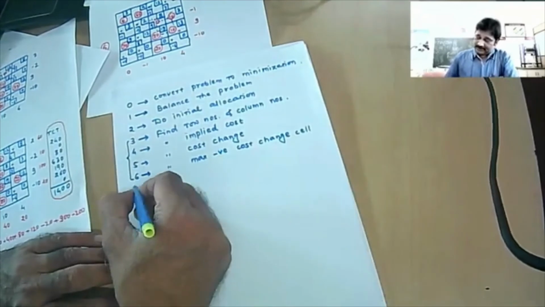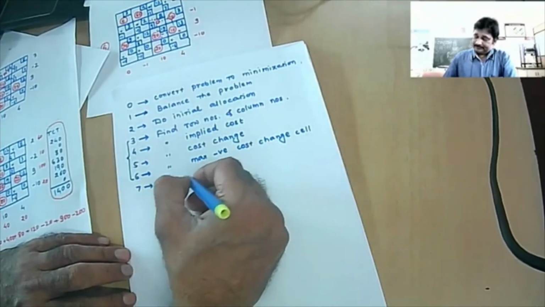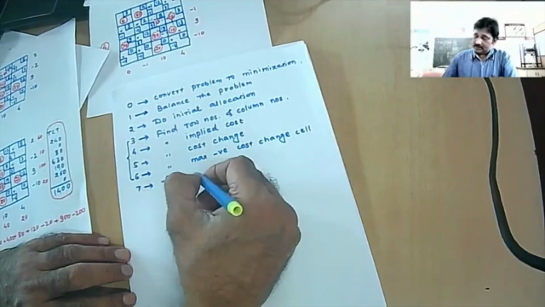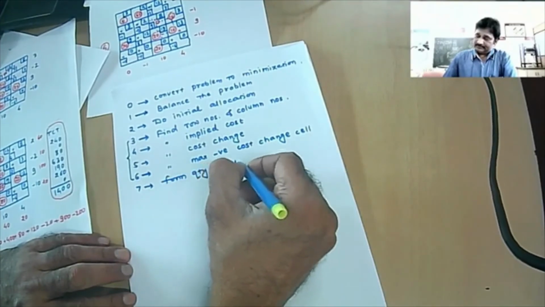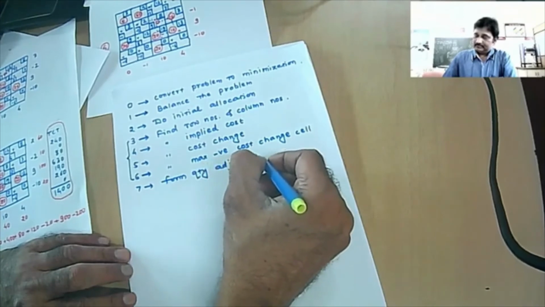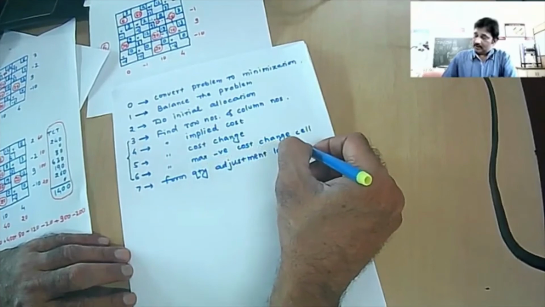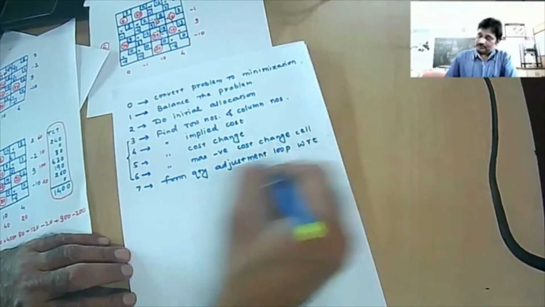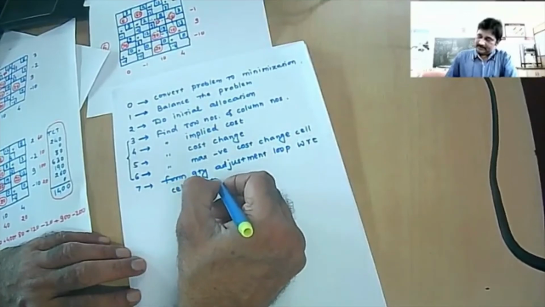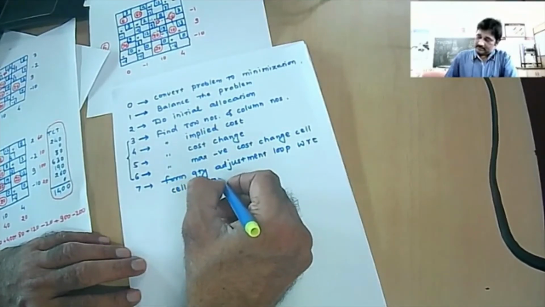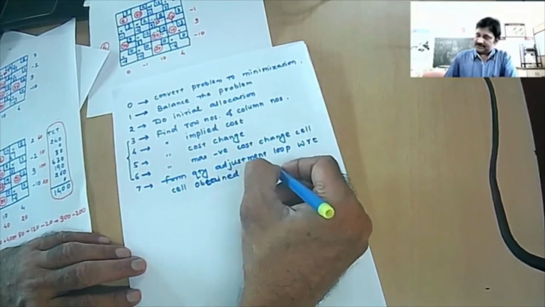Okay. Then seventh, form a quantity adjustment loop with reference to the cell obtained in step 6.